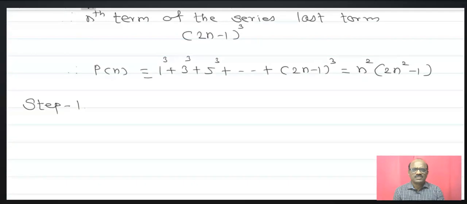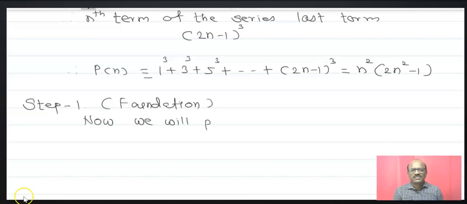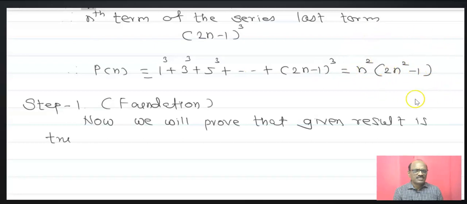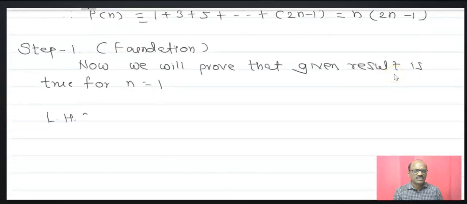Now step number 1, and it is the foundation. In this step we prove the result for n is equal to 1. Here the first term is 1, put n is equal to 1, it is 1 cube, and for the RHS it is 1(2 into 1 minus 1), overall it is again 1.